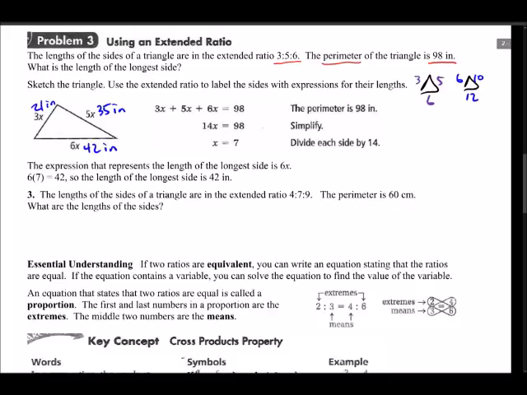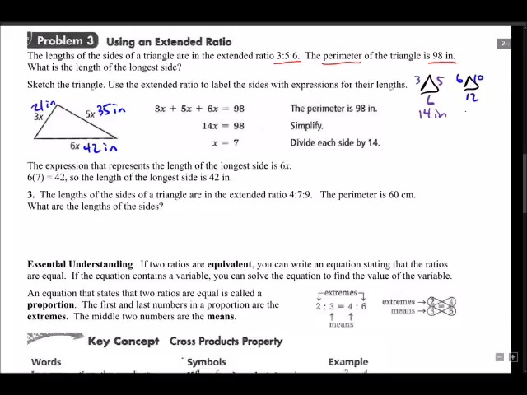So this is a triangle with sides in the ratio of 3 to 5 to 6 that has a perimeter of 98 inches. There are many triangles that have this ratio of sides, but they don't have a perimeter of 98. This one would have a perimeter of 14 inches.